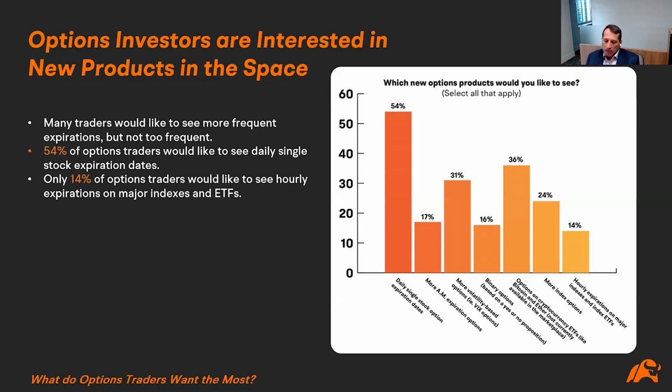So I think it's something the industry is cognizant of, that there is demand, as you see in the survey. And if that happens in the future, the industry is going to put the appropriate safeguards in place to ensure that those trade safely.